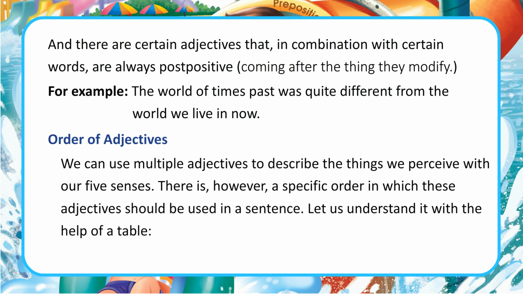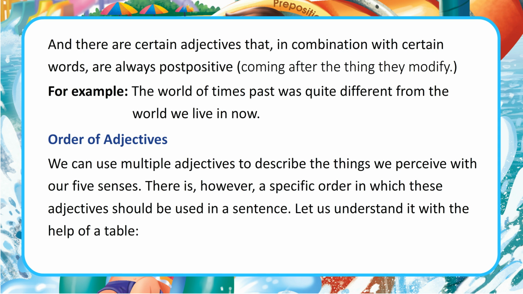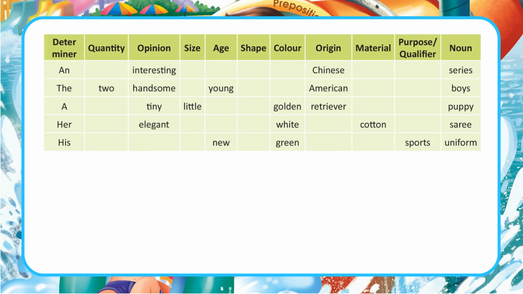Order of adjectives. We can use multiple adjectives to describe the things we perceive with our five senses. There is, however, a specific order in which these adjectives should be used in a sentence. Let us understand it with the help of a table. Determiner: an, the, a, her, his. Quantity: two. Opinion: interesting, handsome, tiny, elegant. Size: little.